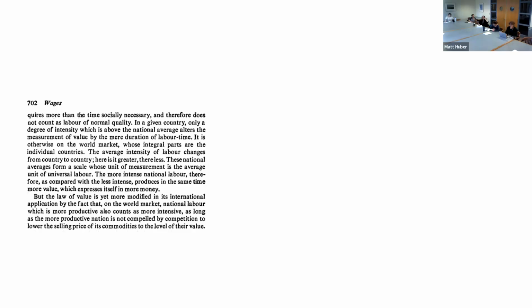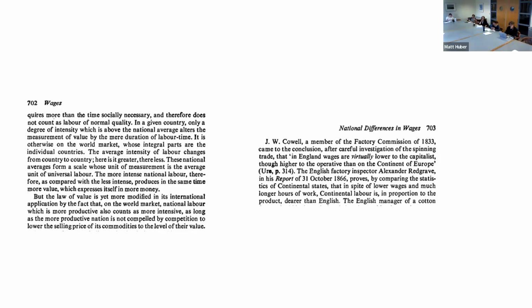And then he gets on to a very interesting discussion that even in parts of the world where wages are really low, it doesn't necessarily mean that labor is not more expensive to the capitalist. He says, J.W. Cowell, Factory Commission of 1833, came to the conclusion after a careful investigation of the spinning trade that in England wages are virtually lower to the capitalist than in the continent of Europe.